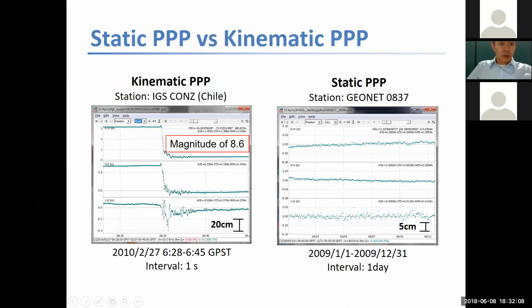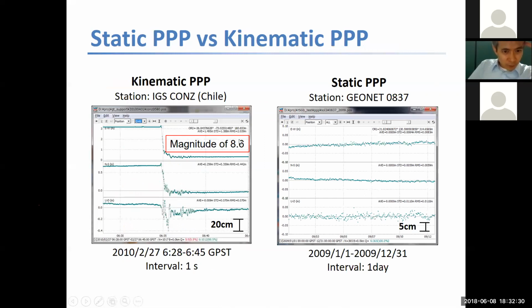Okay. So here are two good examples, in kinematic PPP and static PPP. Mr. Takasu introduced these two examples. For example, in Chile, I guess there was a very big earthquake, magnitude 8.6. It was quite large.